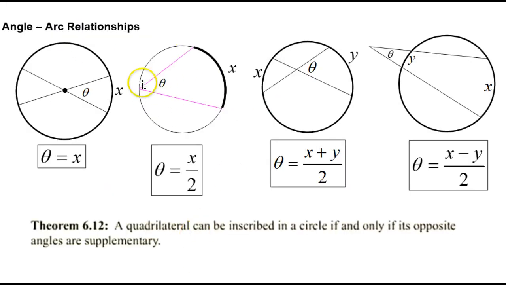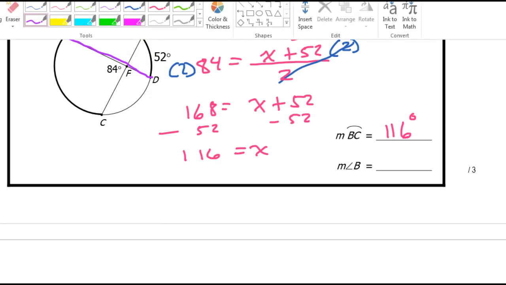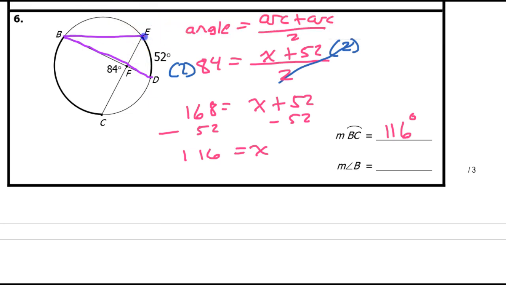We're back to this situation right here, where the angle is half the arc. So you can see that the arc is this 52 degrees. So angle B will be half of that, which is 26. So angle B is 26 degrees.